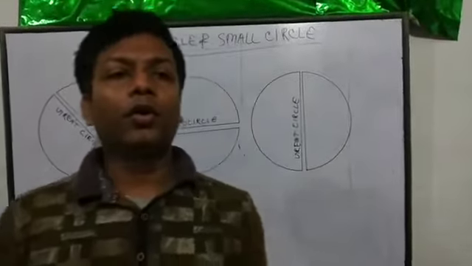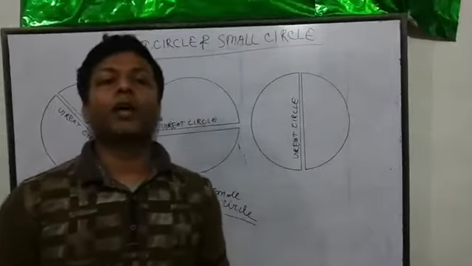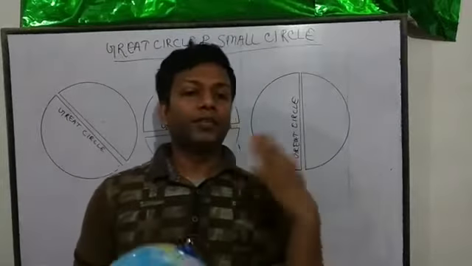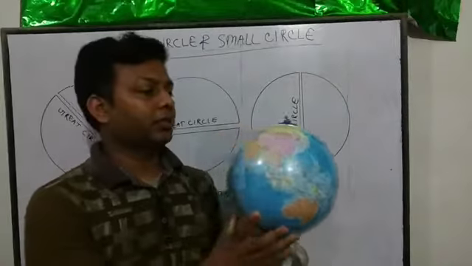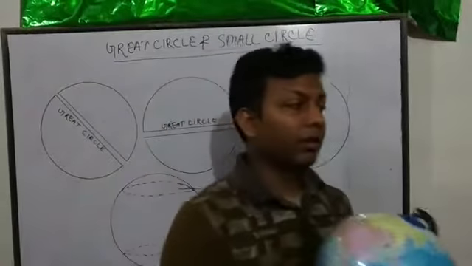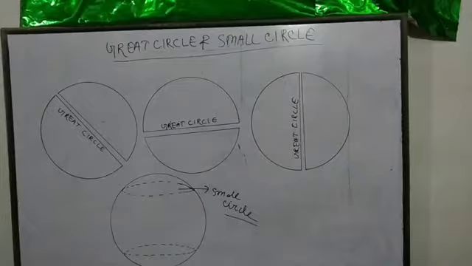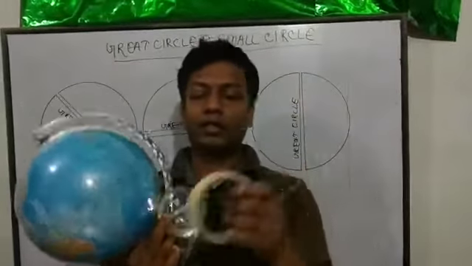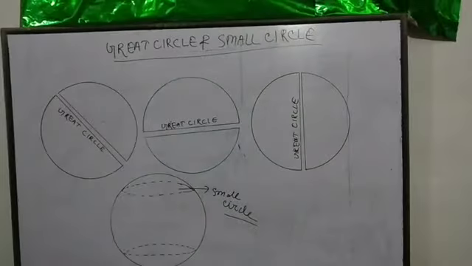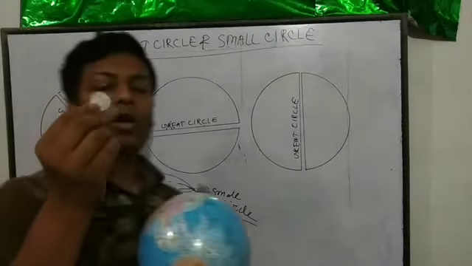You very much know in a sphere we have so many circles of different sizes. Like this is a sphere. And to make this a sphere we have so many circles. Like this is a circle, this is a circle bigger than this, and this is a small circle.